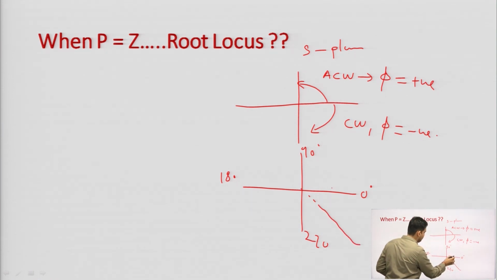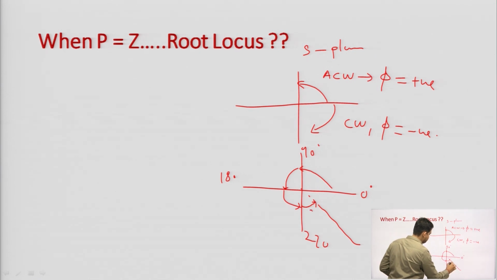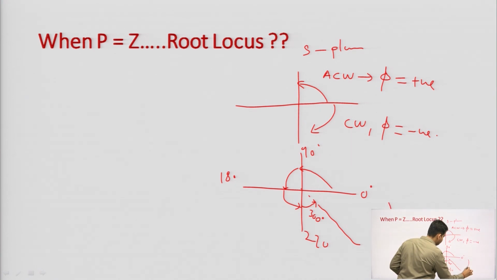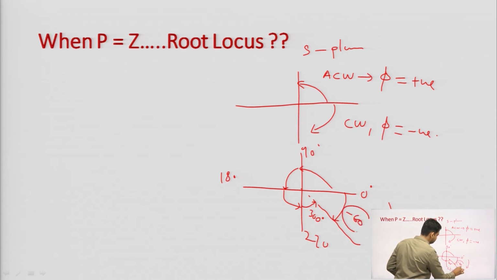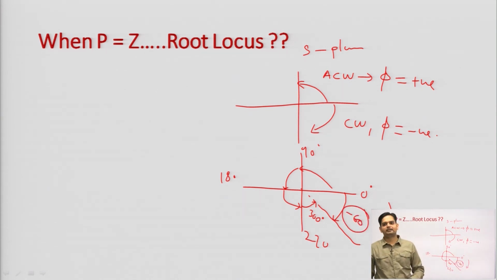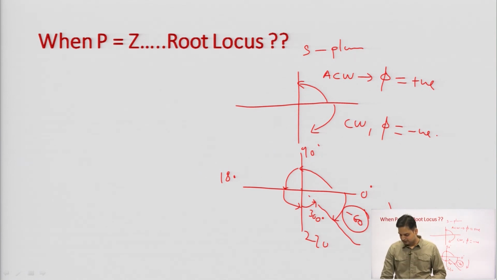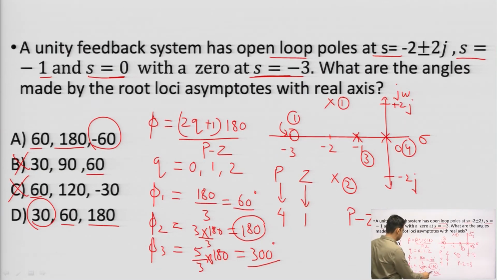So, I will move in anti-clockwise 90, 180, 270 and then further to reach 300 I will add 360. So, this angle is here 300 degree. If I move in clockwise direction, I can write this movement is around minus 60. Okay. So, here 300 degree is equivalent to minus 60. So, in this numerical this 300 is equivalent to minus 60. So, option A is correct, right.